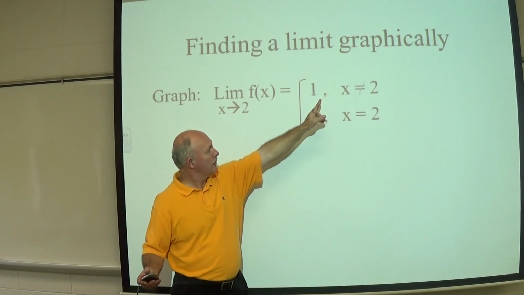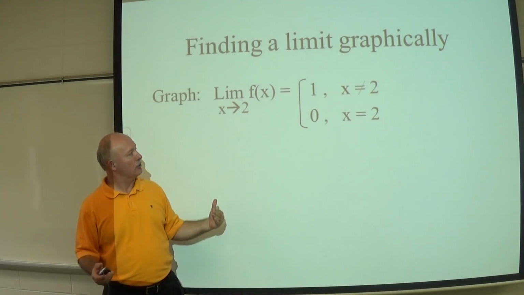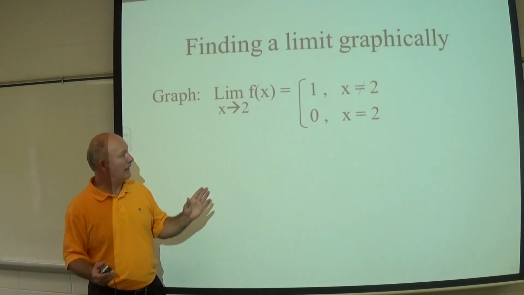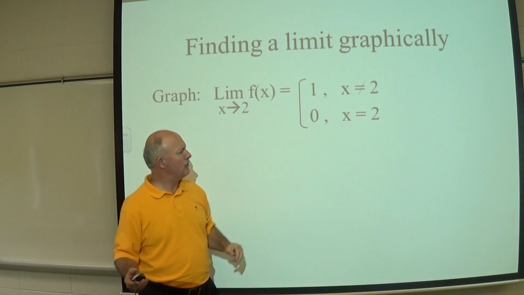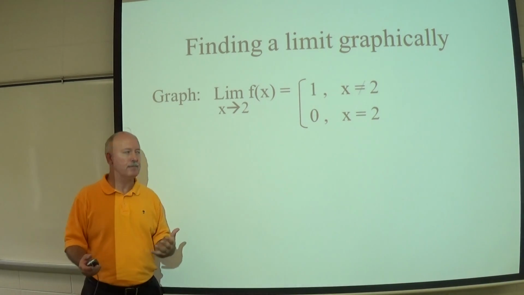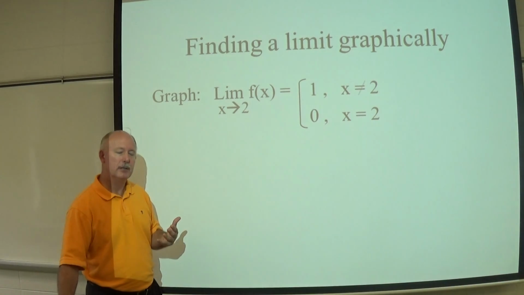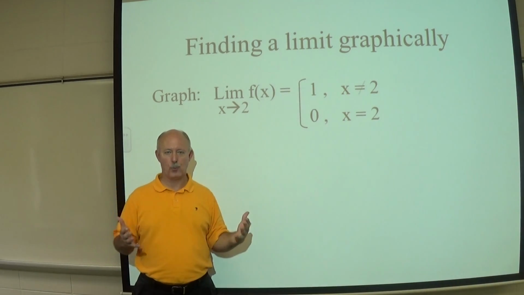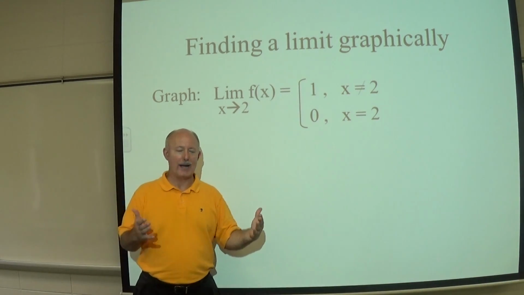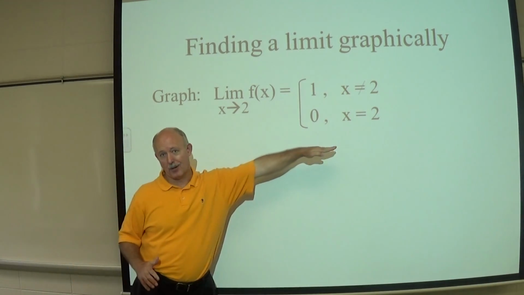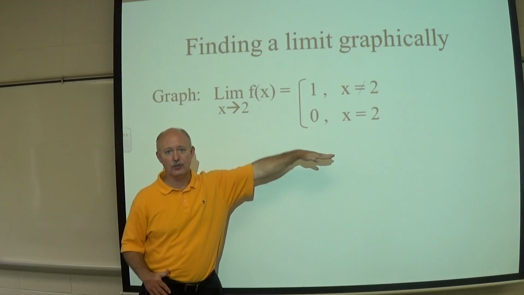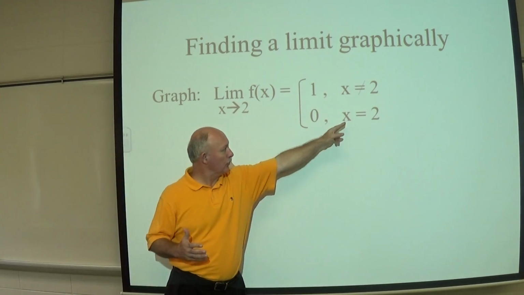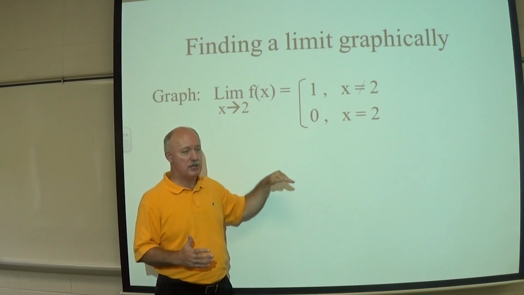What you're talking about with this type of function is simply the function f of x equals 1, or y equals 1. Now the graph y equals 1 is a horizontal line crossing the y-axis at 1, except at x equal 2, where it drops down.